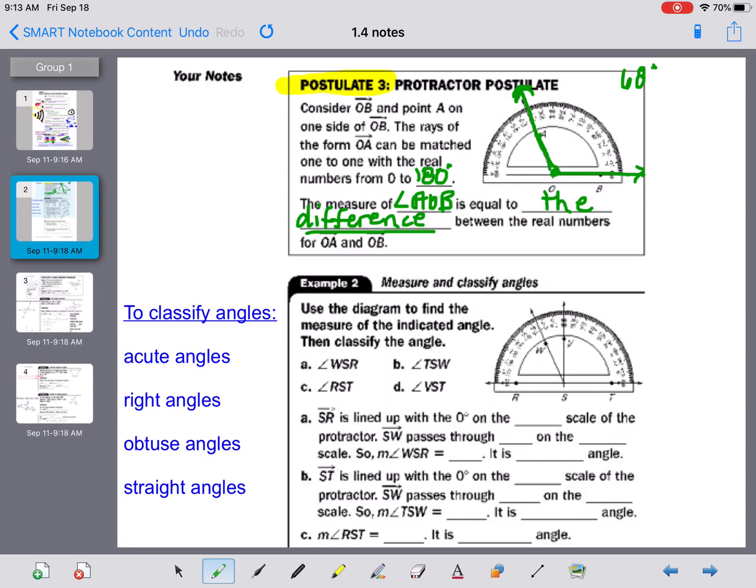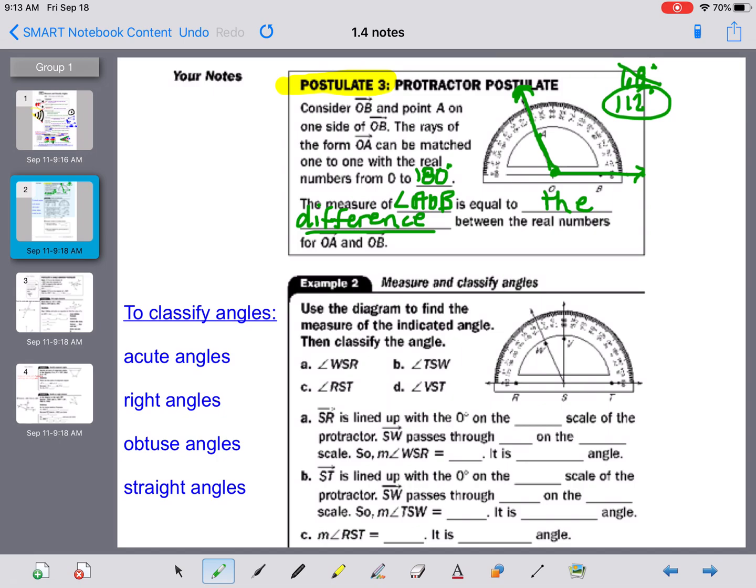And the other said, well, if it's on 68, then it's on 112 on the other number. Okay, well, which one of those numbers makes sense for that angle? When I look at that angle, I say, well, it clearly looks like it's bigger than 90. So if I need bigger than 90, I don't want the 68, I want the 112. Okay, so to be honest, if you just use common sense, you can figure out quickly where you should be and which number you should use.